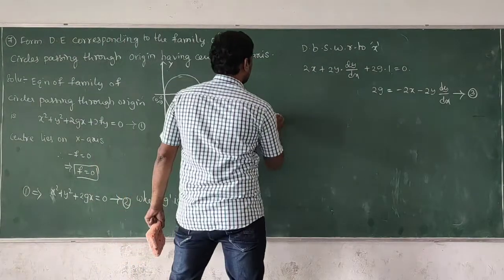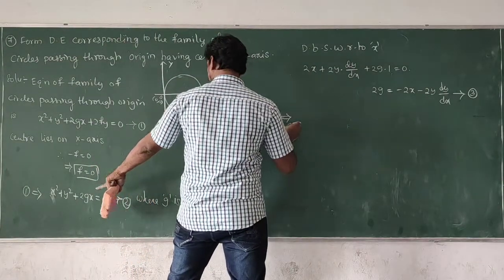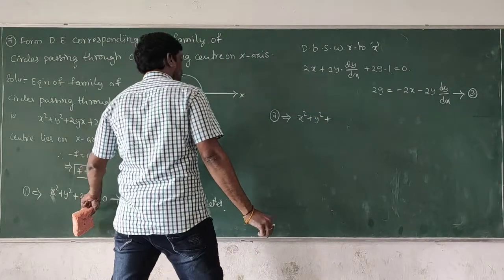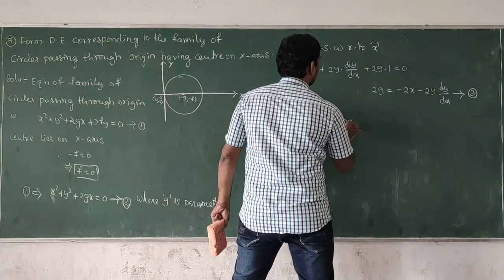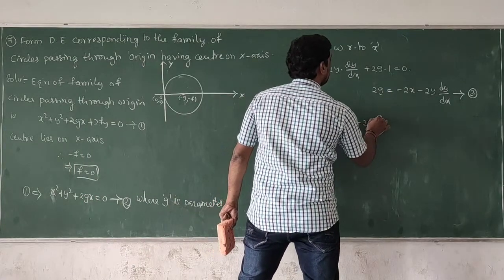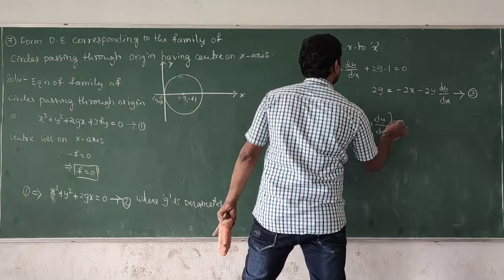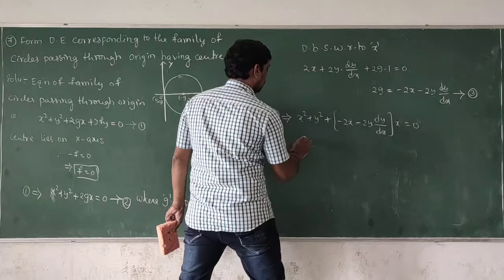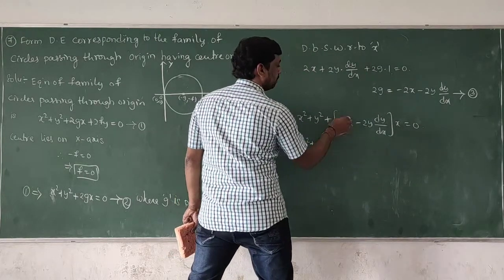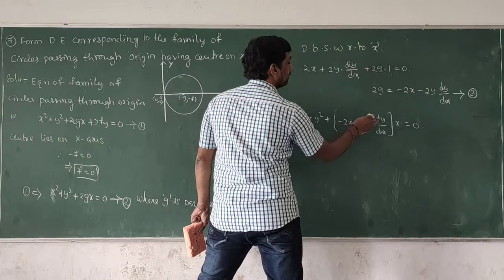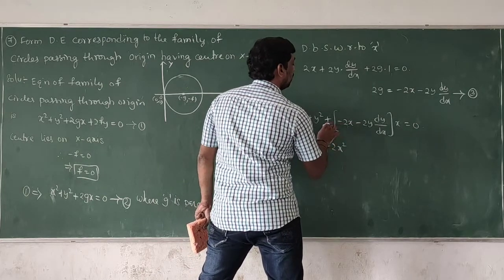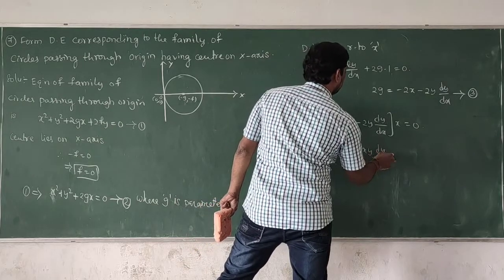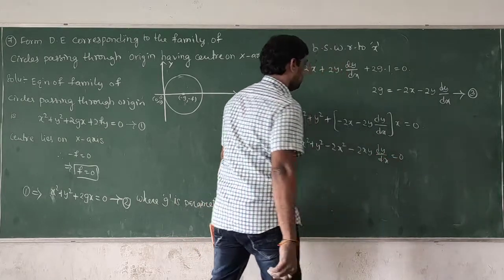So from the first equation, x square plus y square plus the value of 2g replaced, that is minus 2x minus 2y into dy by dx, into x, equals 0. Simplify this: x square plus y square minus 2x square minus 2xy into dy by dx equals 0.